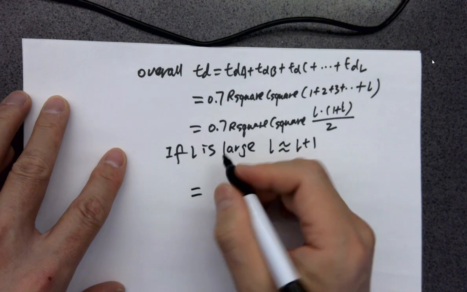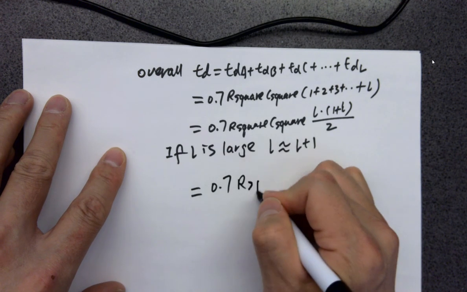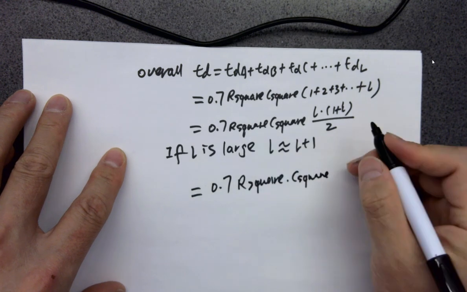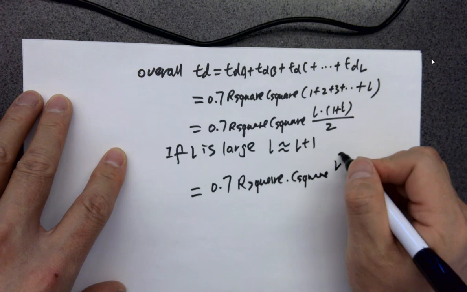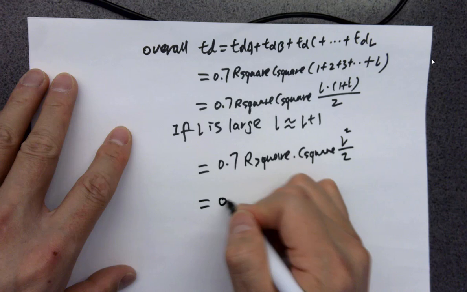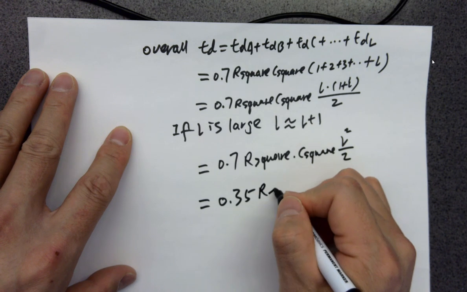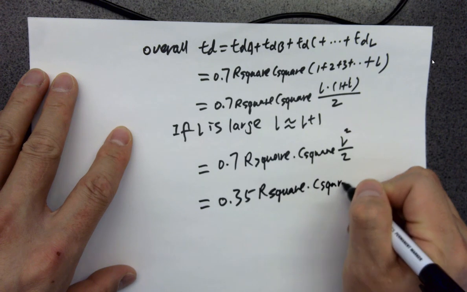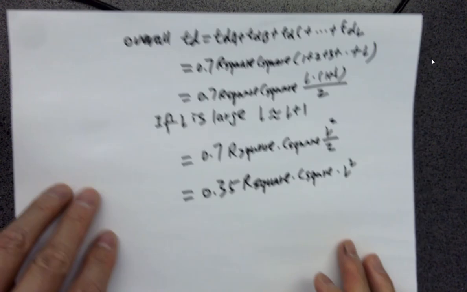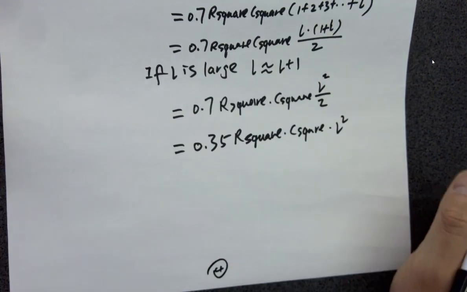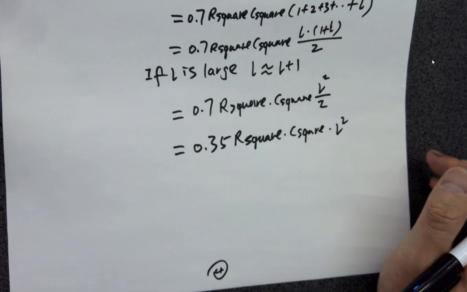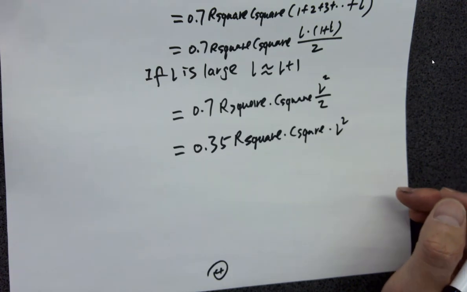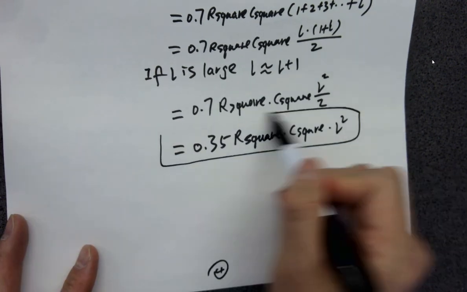So eventually this becomes 0.7 R square times C square times L square over 2, which is 0.35 R square times C square times L square. Okay, here's the conclusion. So that's the overall time delay for an N-well resistor. From one terminal to the other terminal, it's going to cause this much time delay.